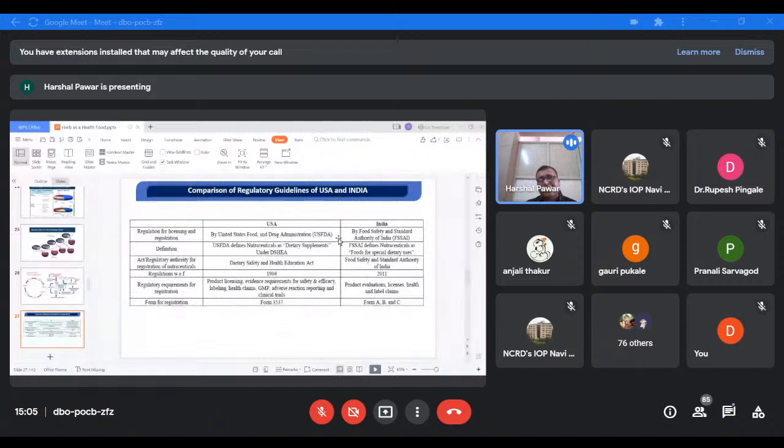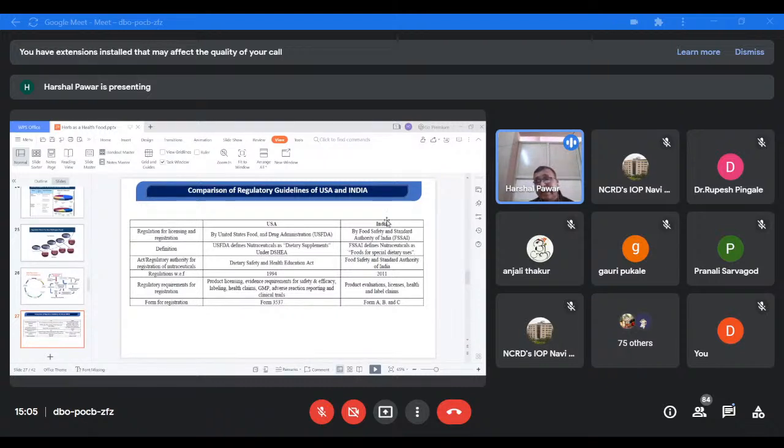Right. So these are the regulatory guidelines which are followed in the United States, which is one of the regulated countries, and India. So here I have provided the comparison of US guidelines and Indian guidelines. In the United States, the regulation for licensing and registration is controlled by the USFDA.